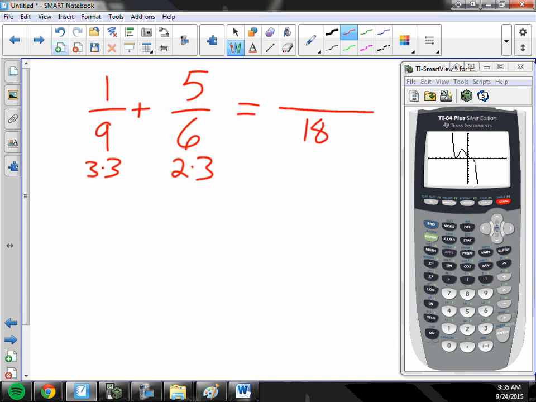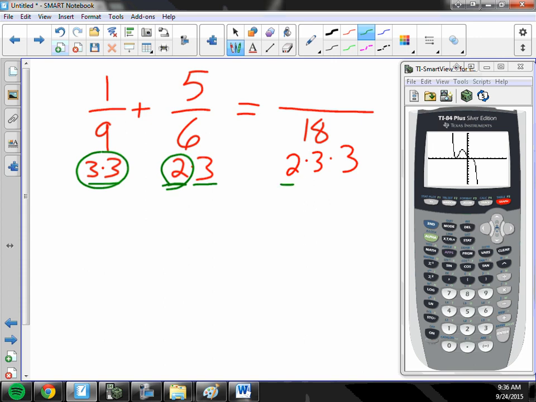Well, 18 is just 2 times 3 times 3. So really what we're doing is we're saying, okay, there's 1 3 here and 2 3's there. How many does the common denominator need to cover both? Well, it has to have as many as the largest set. So this belongs in the common denominator. And on the other side, it has to have a 2. But there's only 1 2. So I need 1 2 and 2 3's.